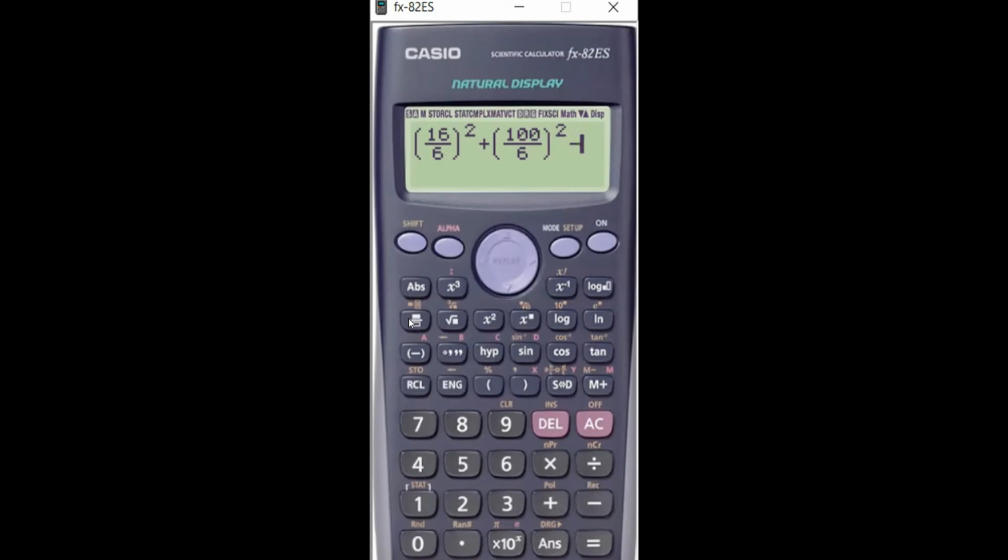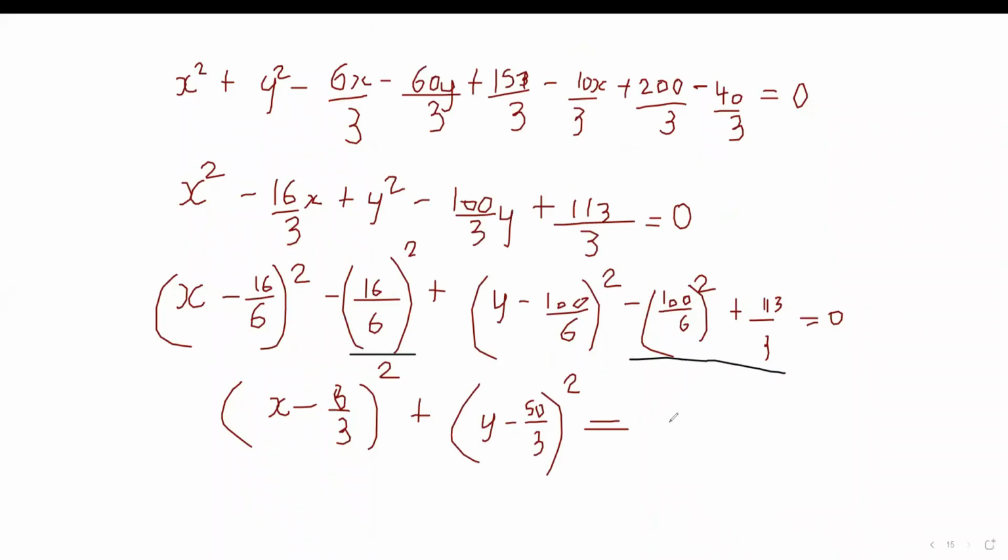Then we minus, I think that was 113 over 3. That's 2225 over 9. This is now equal to 2225 over 9.